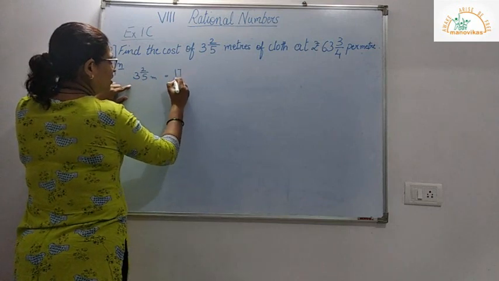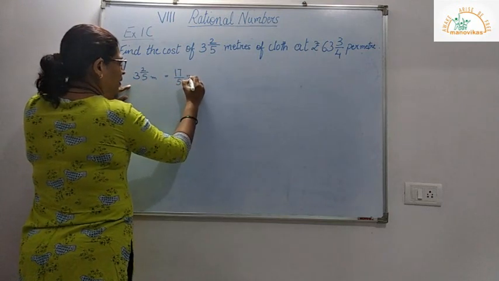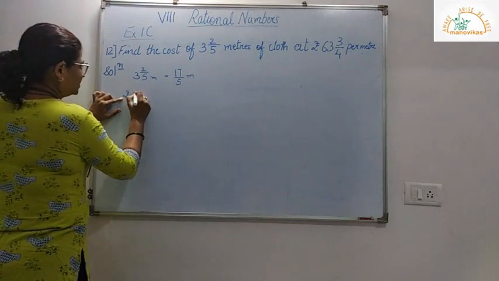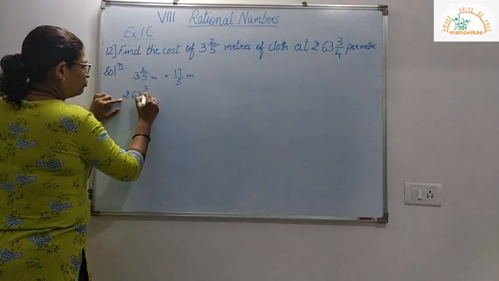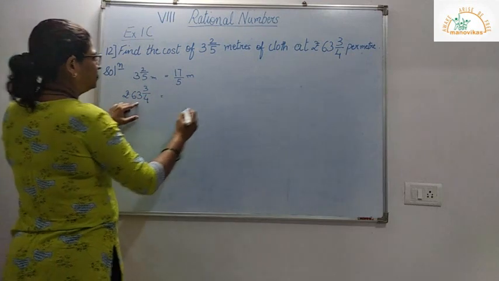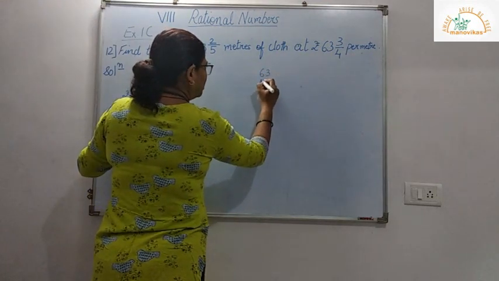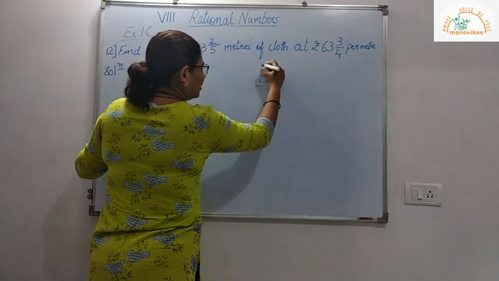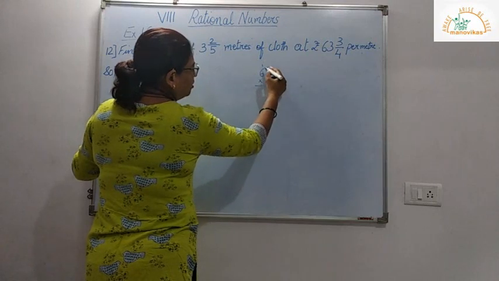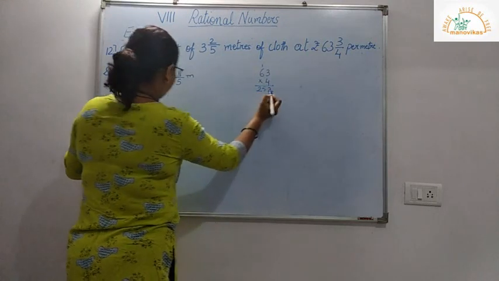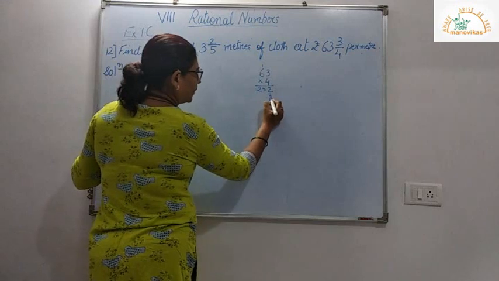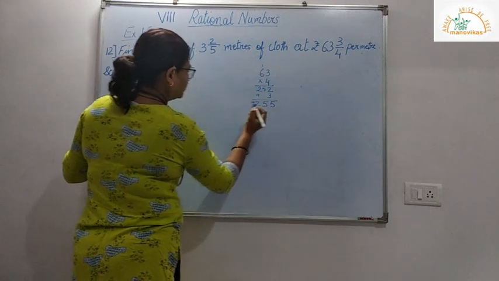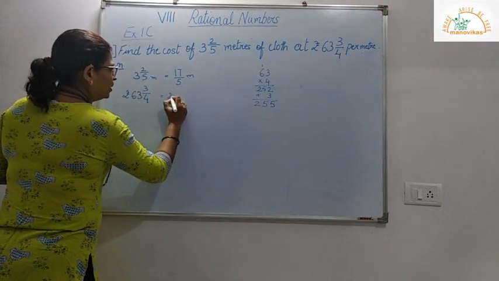So this comes to 17 upon 5 meters, and my rate per meter, that is 63.34, comes to multiply 63 with 4. So 4 3s are 12, 2 carry 1. 4 6s are 24 and 1, 25. Again I add this 3 to it. So I get it as 255.